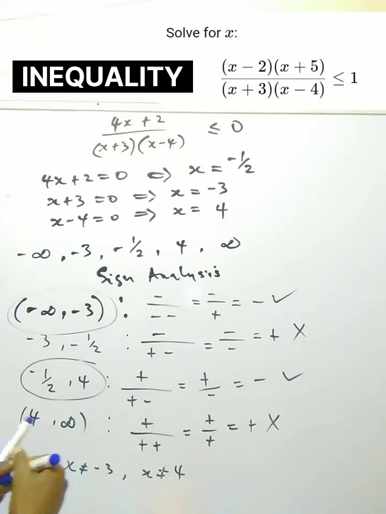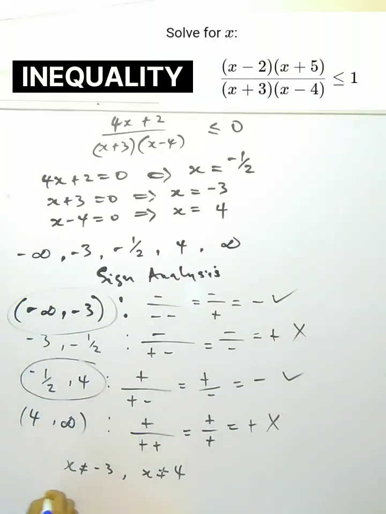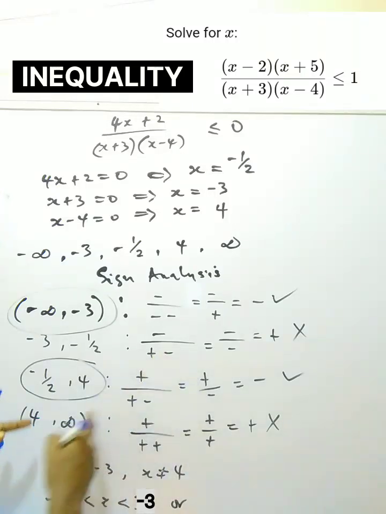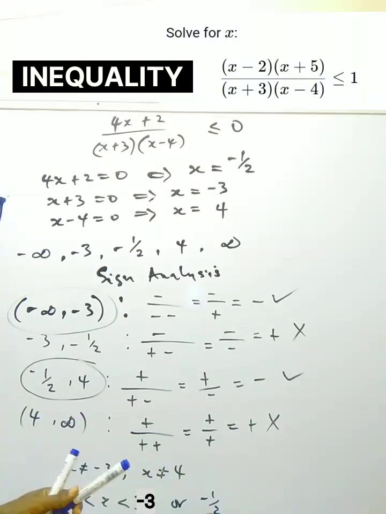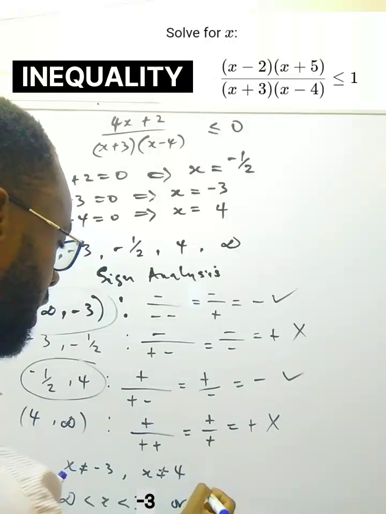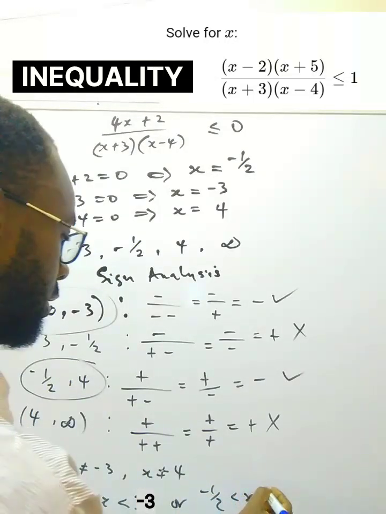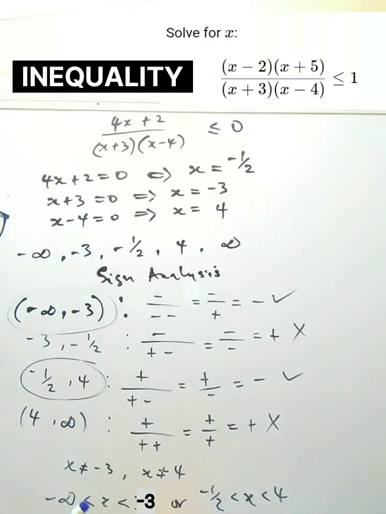So our solution is this interval: minus infinity is less than x is less than minus 3, or you take the second one, minus half is less than x is less than 4. So these are the intervals that satisfy this solution.